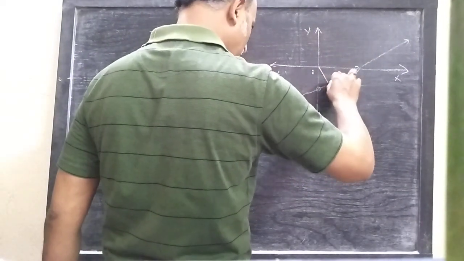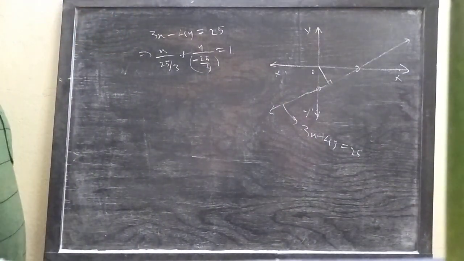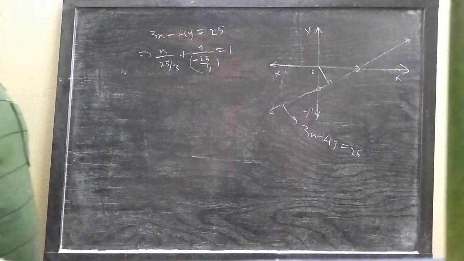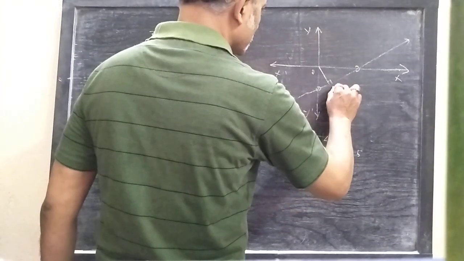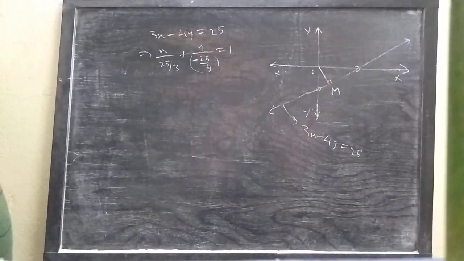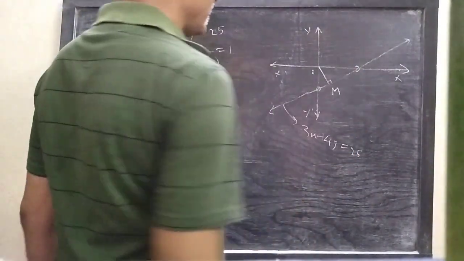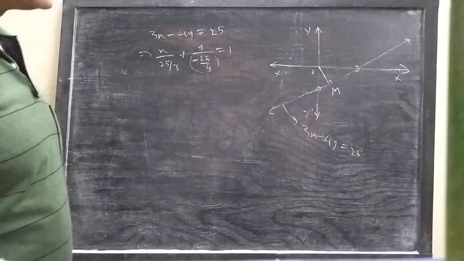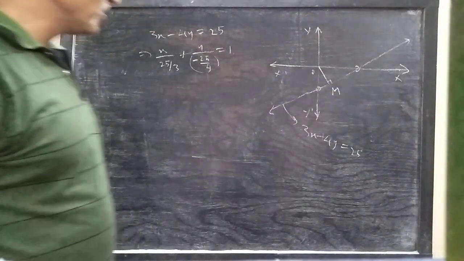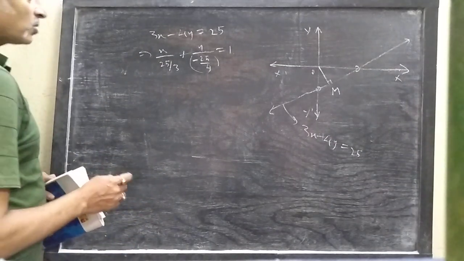So you know from a geometric theorem, the nearest point will be the foot of the perpendicular drawn from the origin to this line. If you consider this M, then you are asked to find M. How can I find this? Just find the equation of the line OM which passes through the origin and is perpendicular to the line. For this, let us shift this to the slope intercept form.